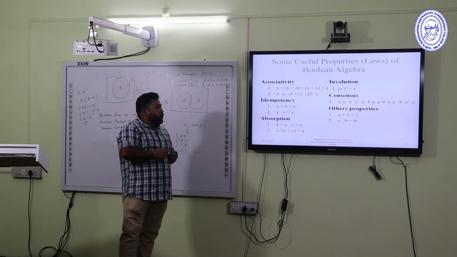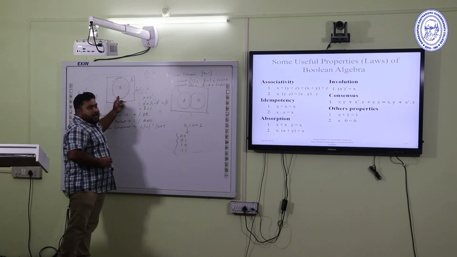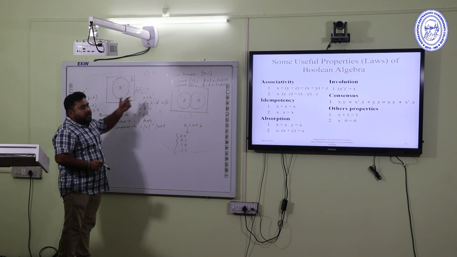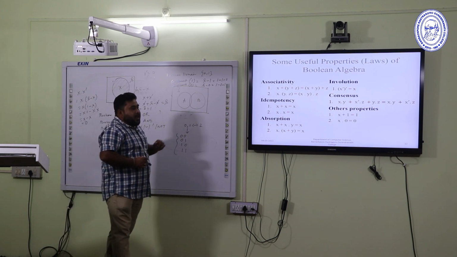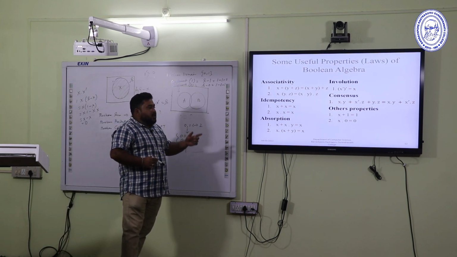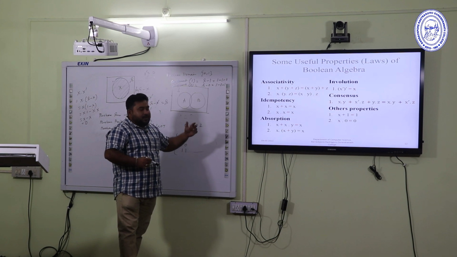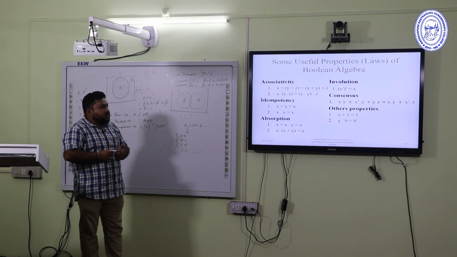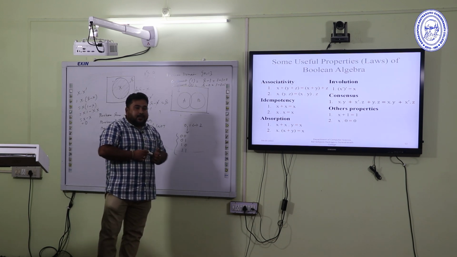From this law we can deduce X plus X is equal to X, because if X is only a set of this universal set, and we include another X, X remains the same, so X plus X is equal to X. In the same way, X dot X is equal to X. Next is the absorption law, that is X plus X dot Y is equal to X.